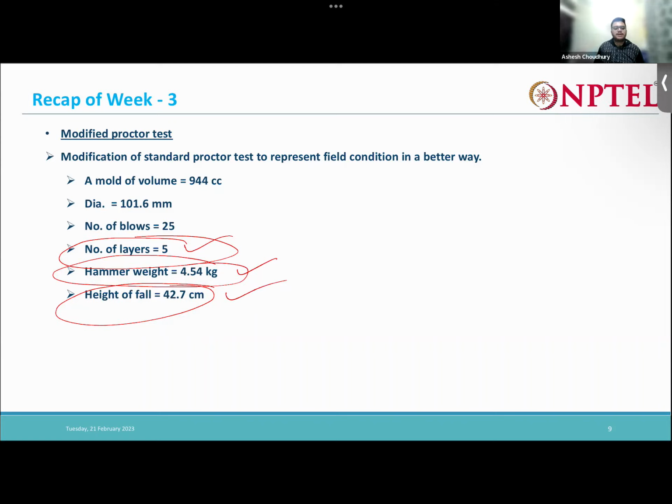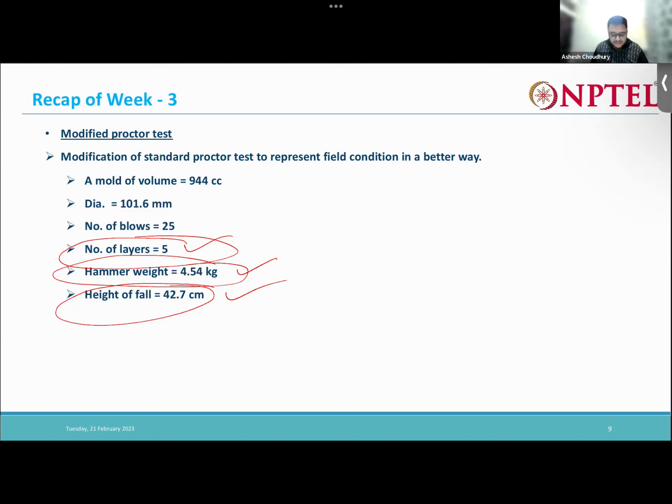So what is happening here is that there are 5 layers. Okay, the size of the mold is the same. In that same volume, what you are doing is you are putting more amount of soil. How are you putting more amount of soil?